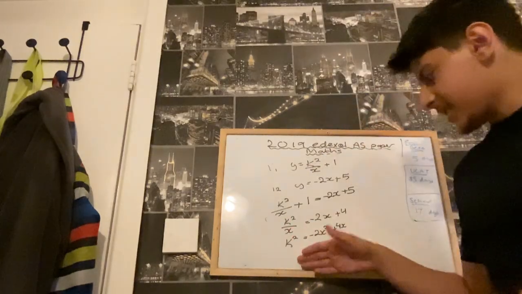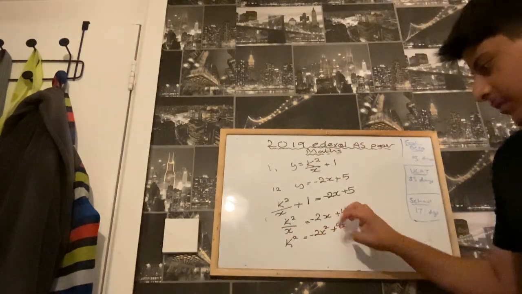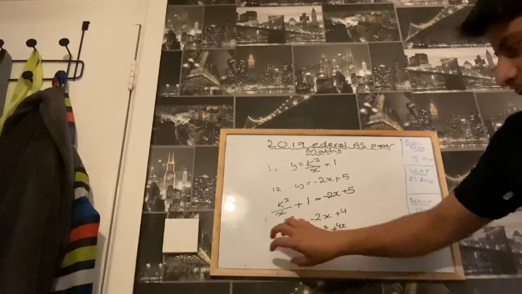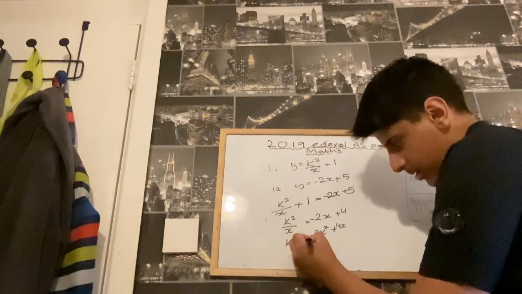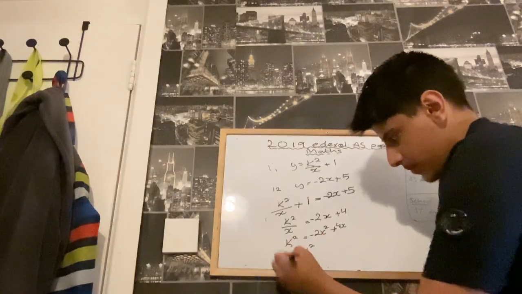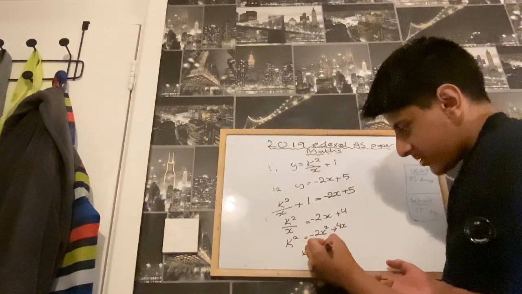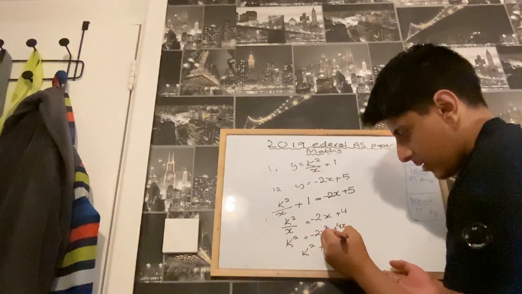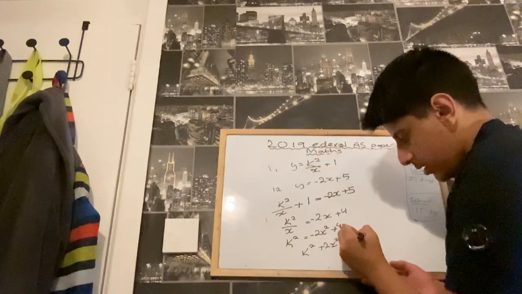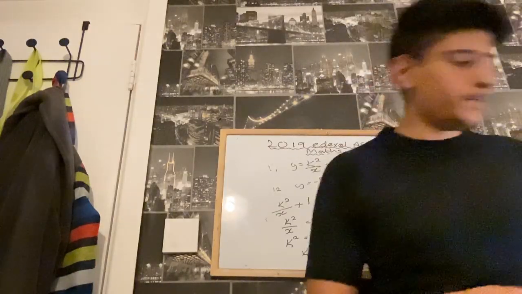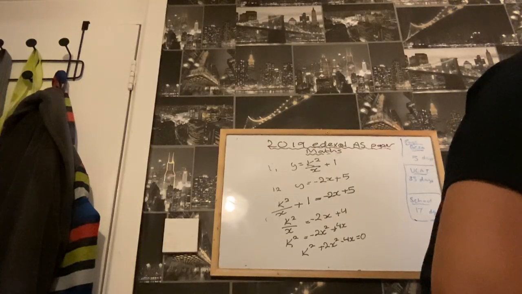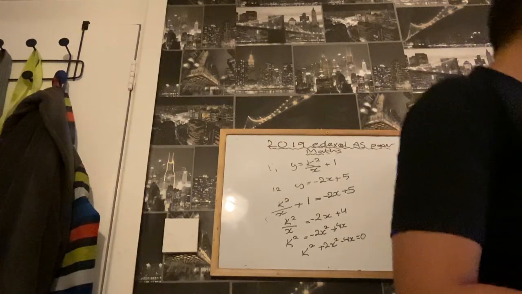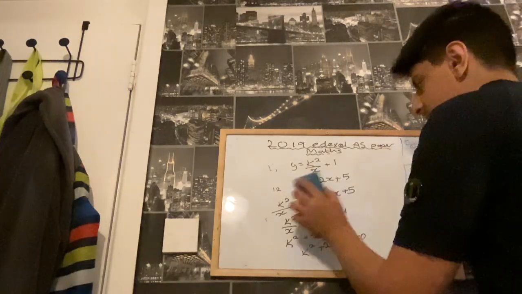It wants k squared to be positive, so we want to make this positive. By keeping this positive, we move things over here instead of moving that over here. So k squared will stay the same. So k squared plus 2x squared minus 4x equals 0, and that would be correct. Okay, next question. Let me just rub this out.